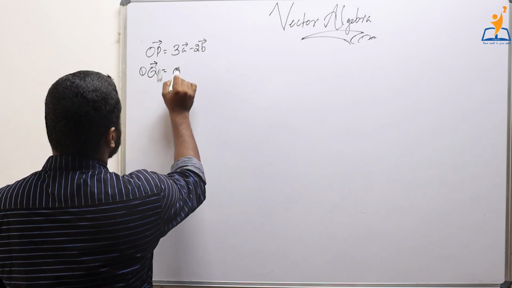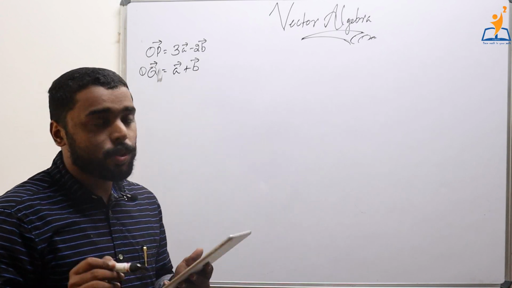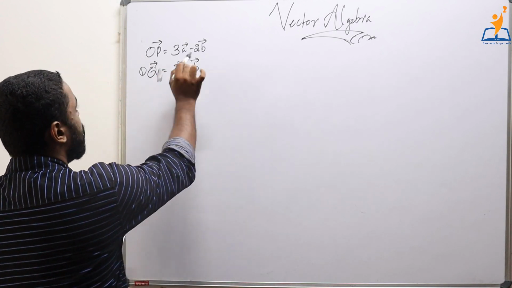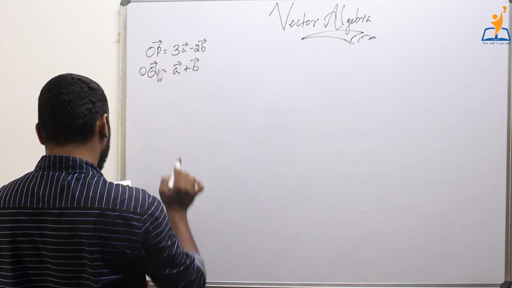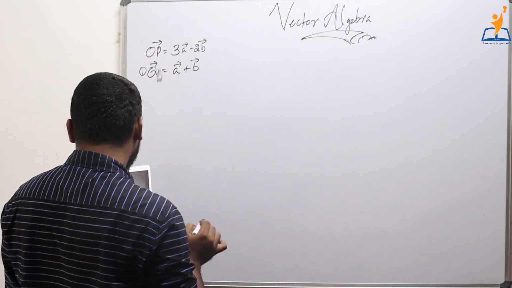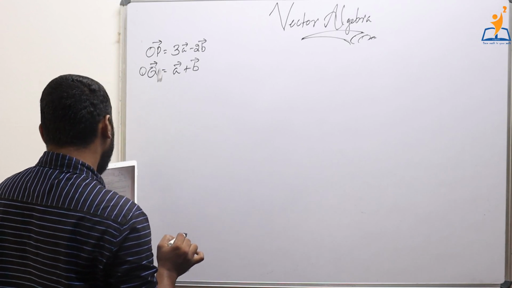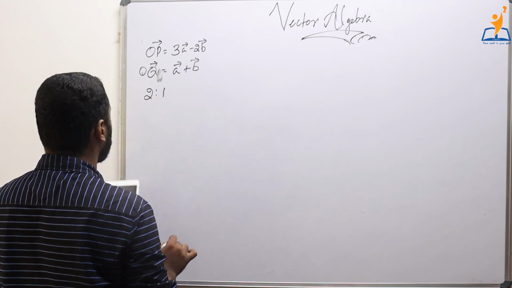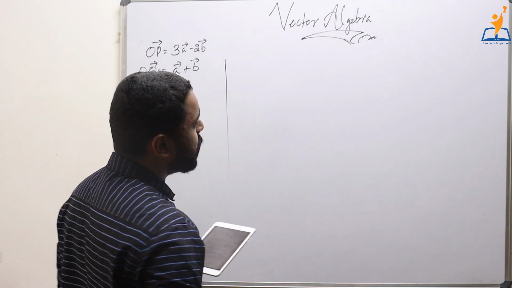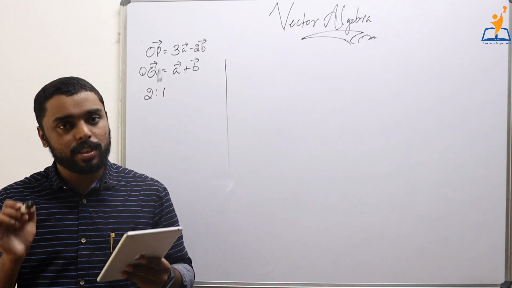You are given two position vectors corresponding to the two points P and Q, and you are asked to find the position vector of a point R which divides the line joining P and Q in the ratio 2:1 internally and externally. So you have to find the position vector of R in the two cases.